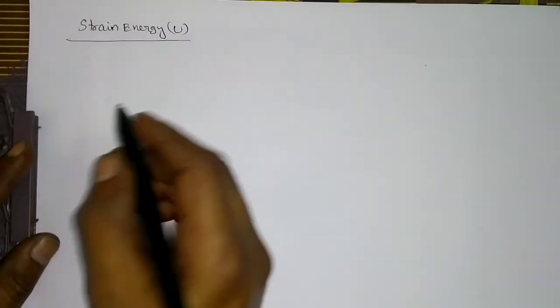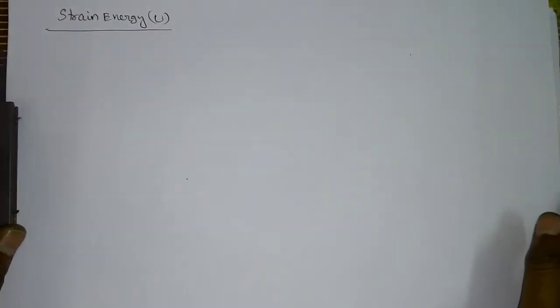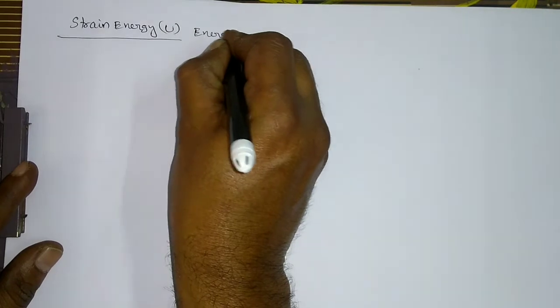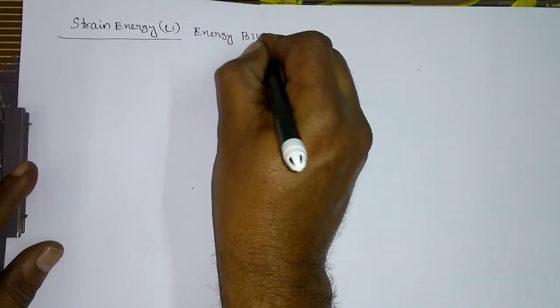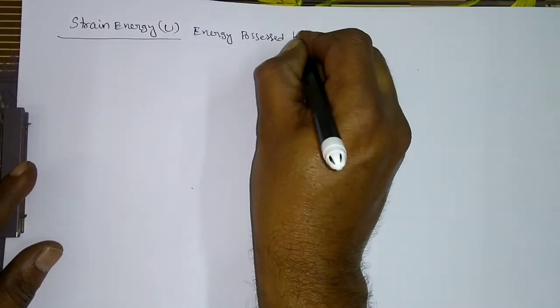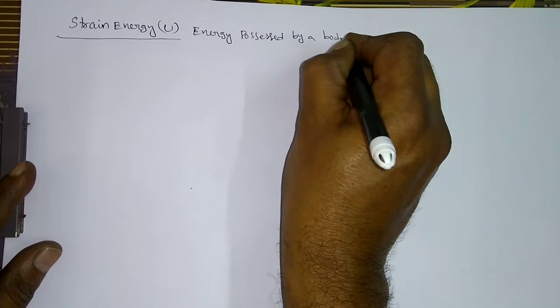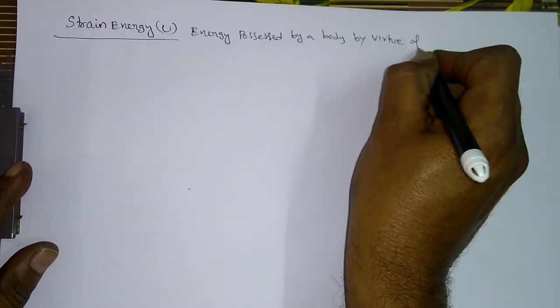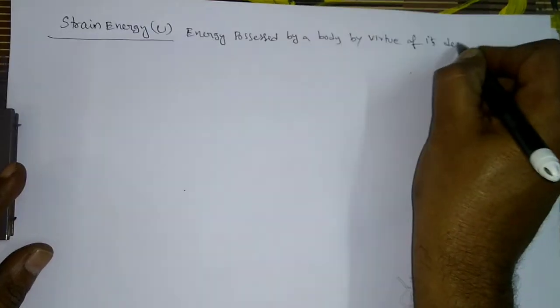Derivation for the strain energy. First of all, how will you define the strain energy? As we know the definitions of kinetic energy and potential energy, in a similar way, strain energy means energy possessed by a body by virtue of its deformation.